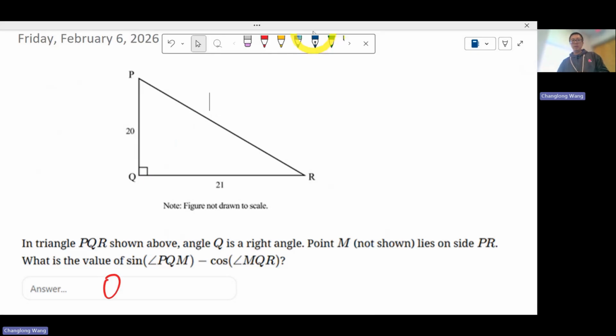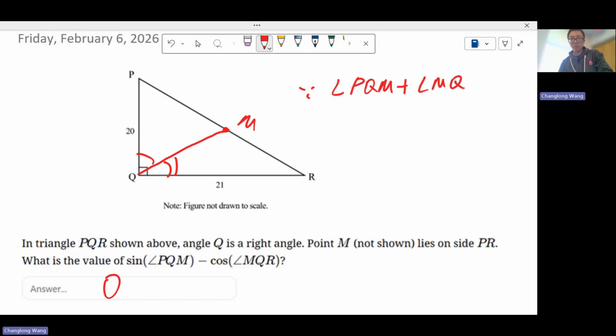So it turns out I can put M anywhere. This is M, and I'll draw that line here, right? Because the angle PQM plus the angle MQR is 90 degrees, they're complementary angles, by the cofunction identity.